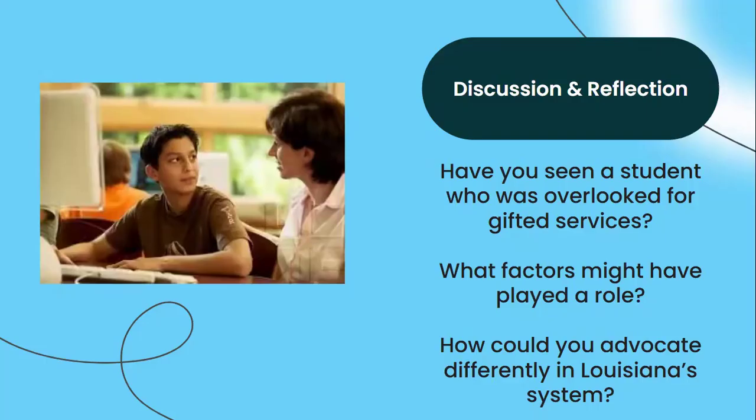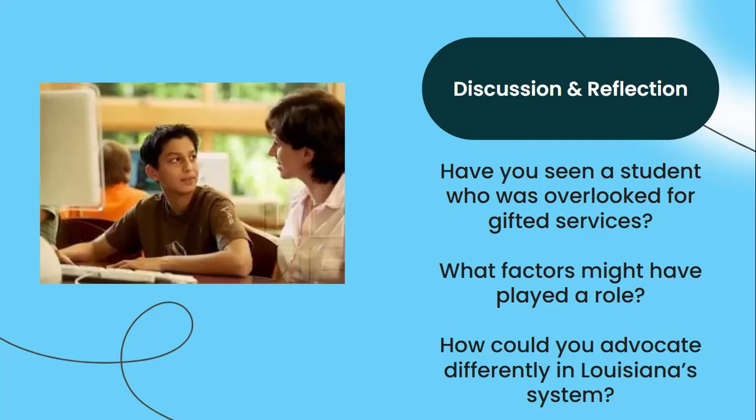Let's close with a little bit of reflection. Think about your own classrooms, your schools, your districts, maybe those that you actually attended as a student. Have you seen a student you believed was gifted, but who was not identified? Why do you think that happened? What role did tests, bias, or opportunity play?